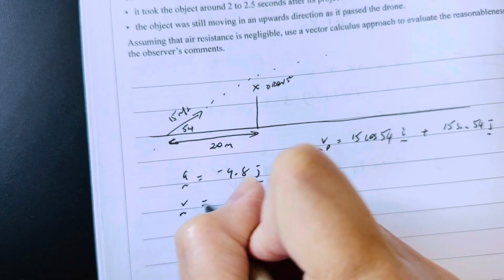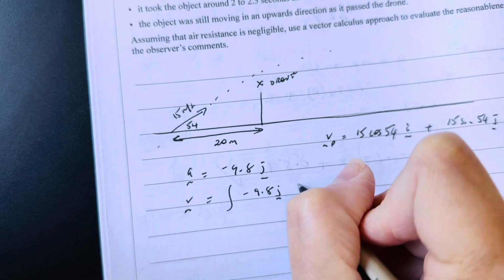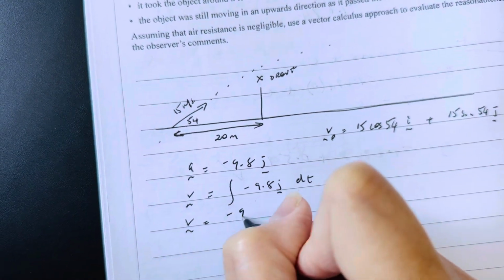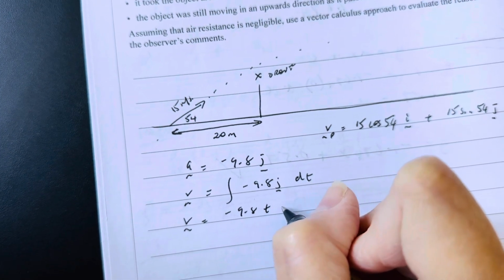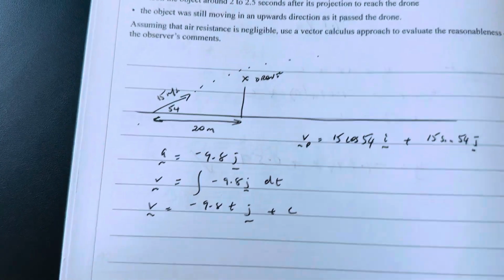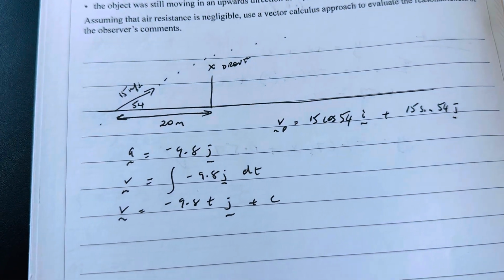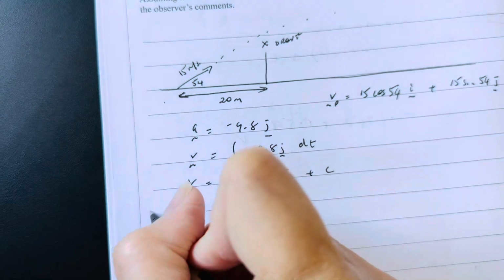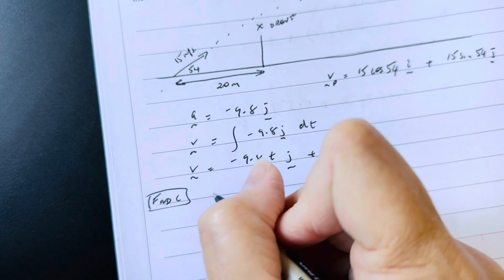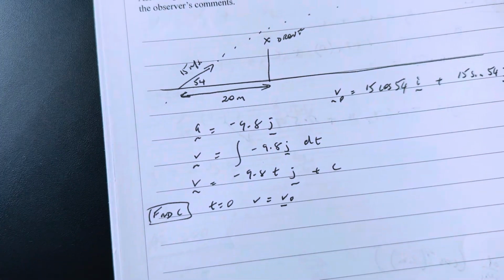So our velocity is the integral of that. So our velocity is negative 9.8 tj plus c. Fairly standard start for a projectile motion question. We need to find c. So we know that when t equals 0, v equals v0, our initial.